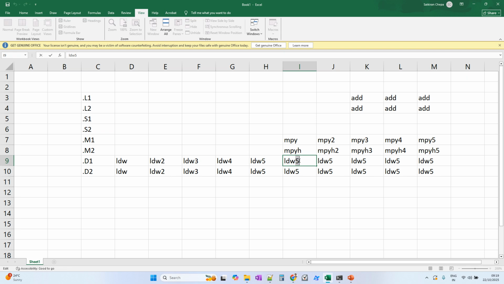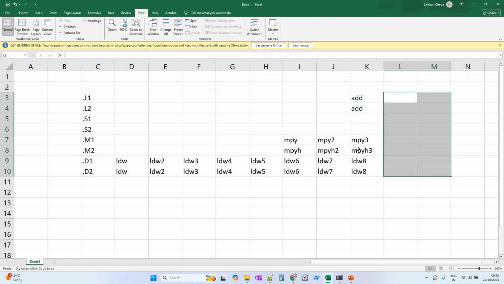This will be like 6, 6, 6, 6, 7, 7, this is 7, this is 8, this is 8. So if you see here, this is not needed, I think this is not needed. The entire thing we will delete, because add also has come in one cycle. We are doing all the load, multiply, everything. So if you see here, this is the loop we can say.